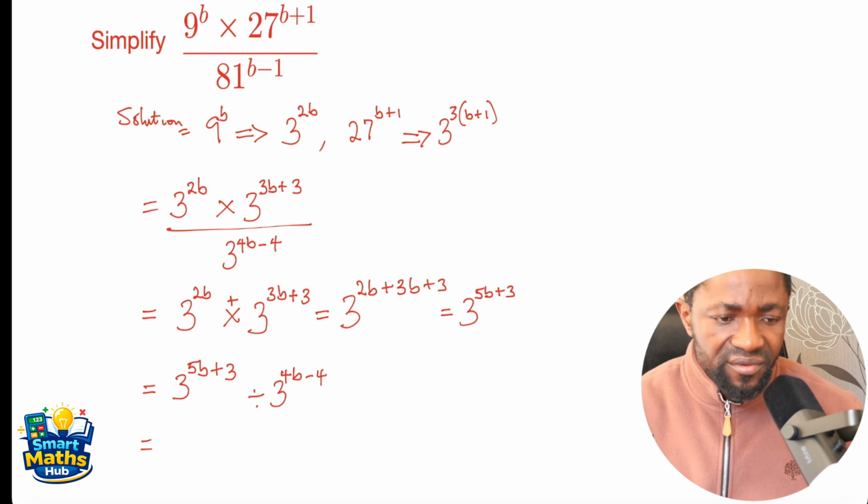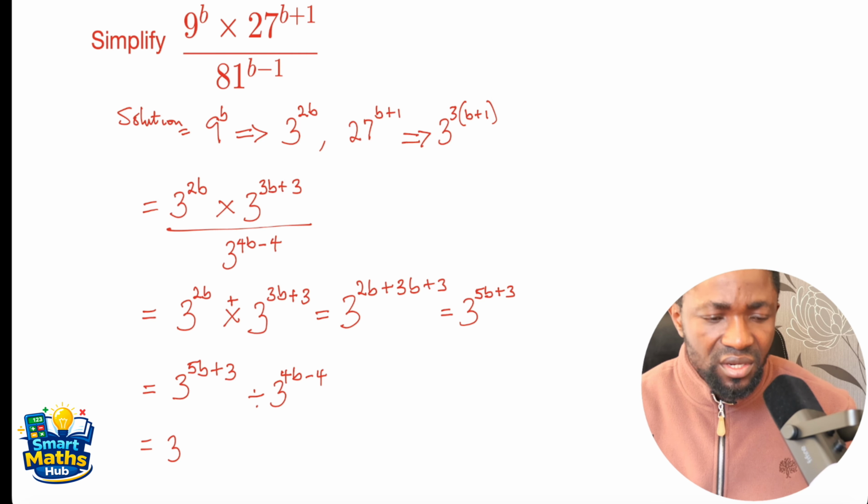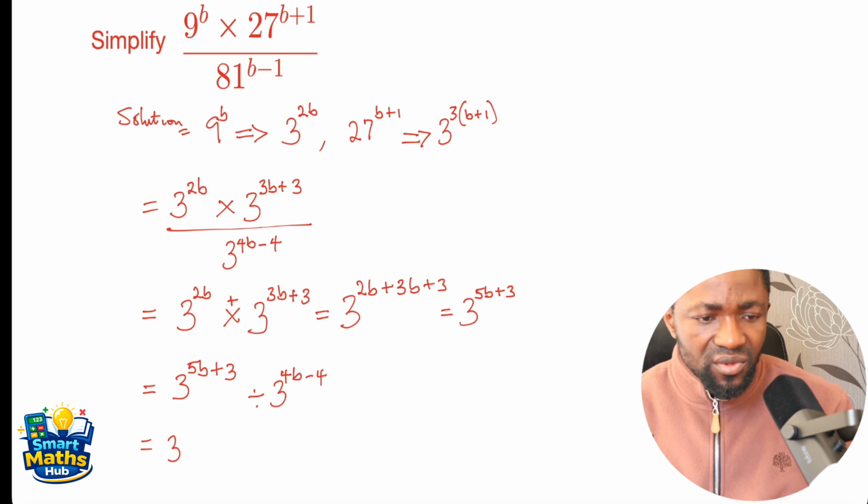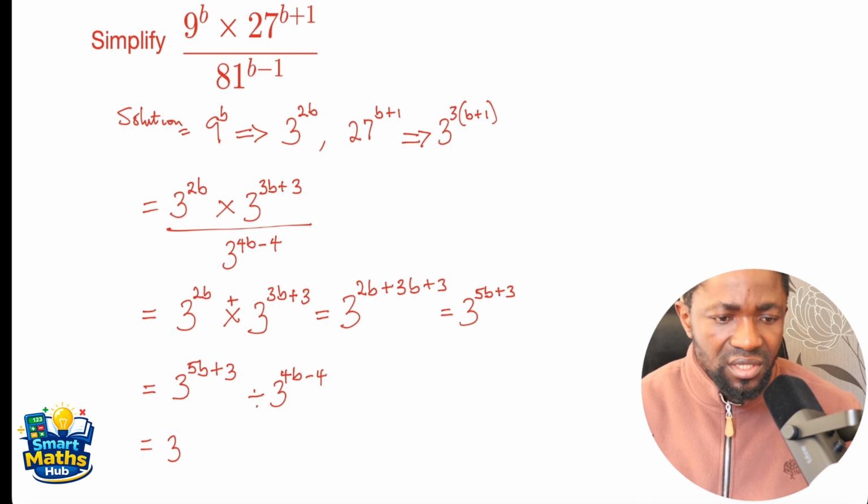So we have 3. You take 1 out of the 3 base, so you have 5b plus 3 minus, in brackets, 4b minus 4.